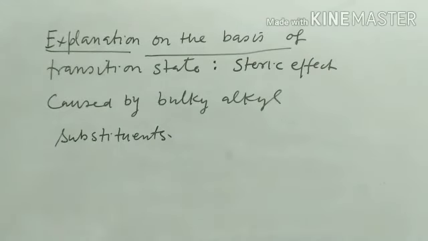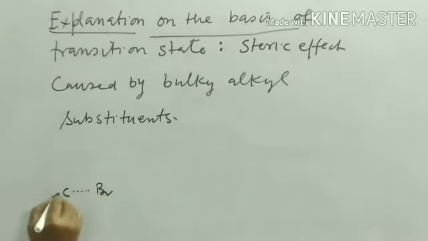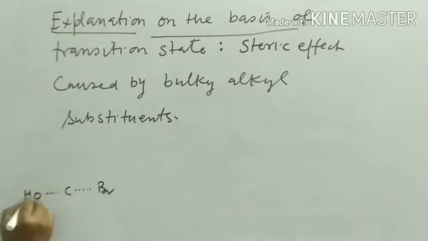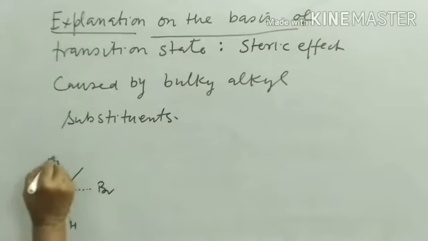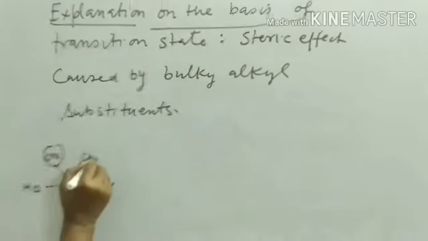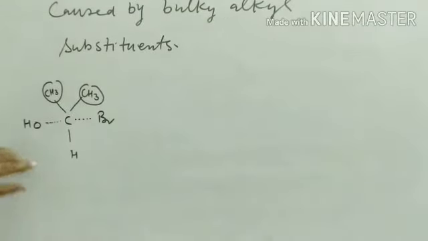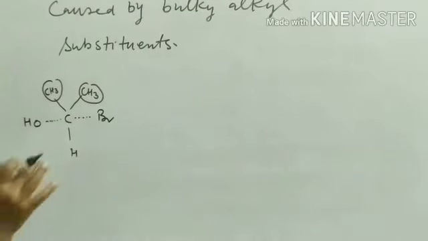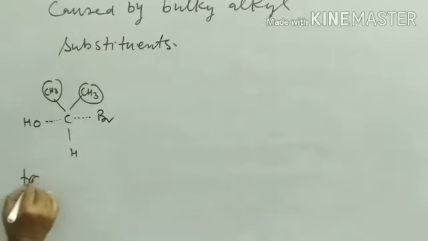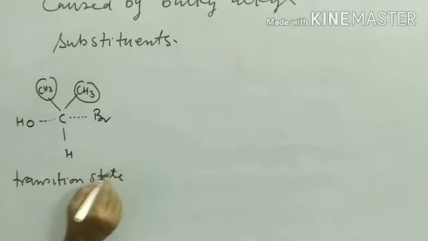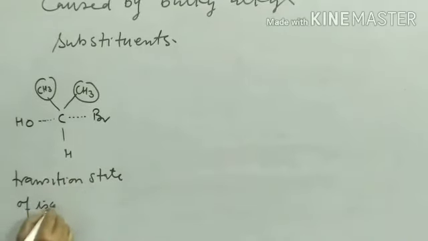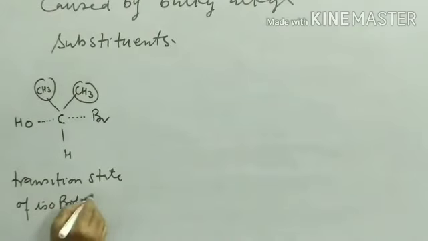You know, this is carbon. Suppose this bromide ion is going out, this nucleophile is coming here. So, it is 1, this is here and this is H. Say it is CH3. So, this is the transition state of isopropyl bromide.